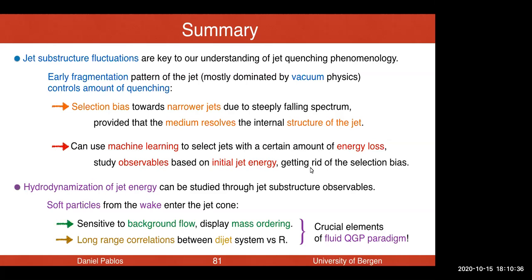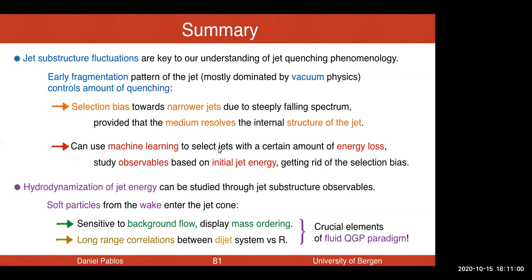There are still some models that assume that the jet is just a single parton, and they definitely cannot describe many of the features in data. So we hope that with this discussion, we can move towards this more updated description of jets.